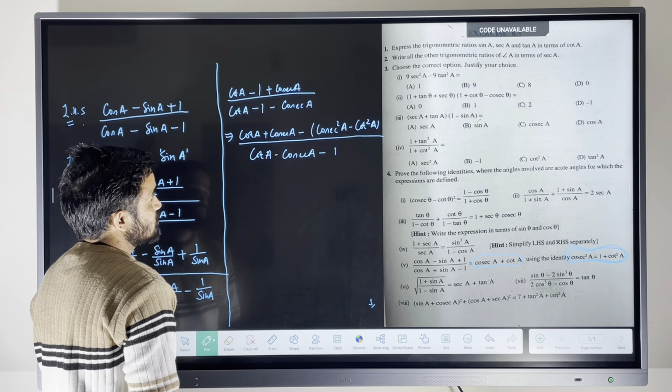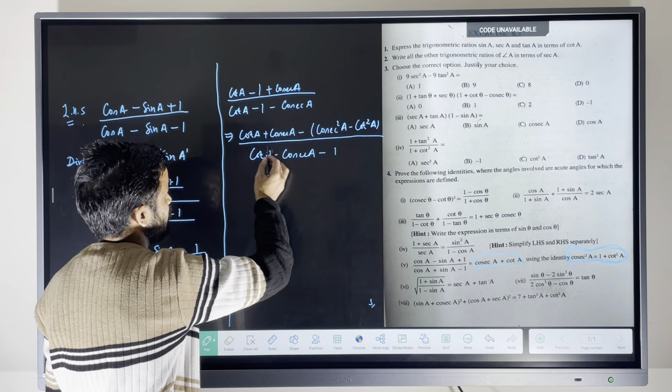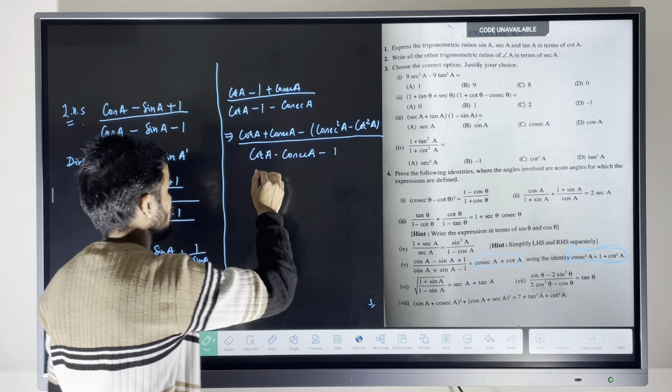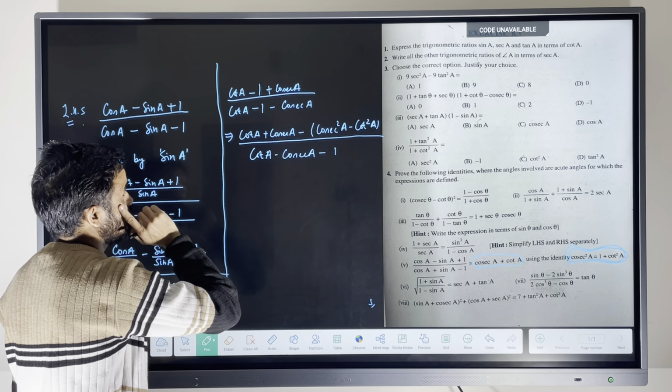Here I didn't change it because after solving we will get a common part, and this part and that part will cancel out each other.